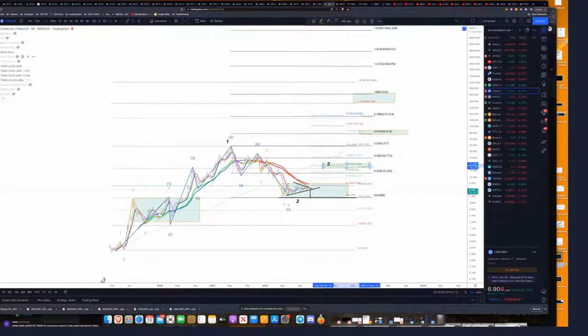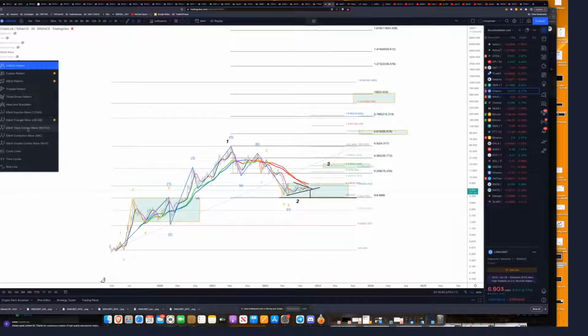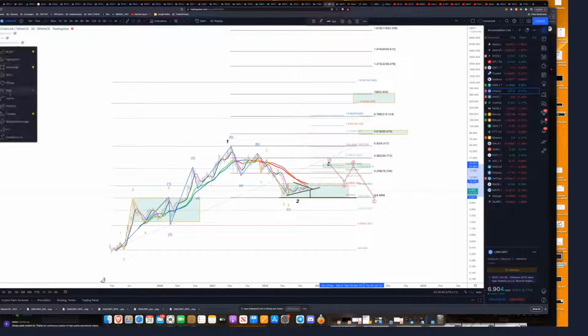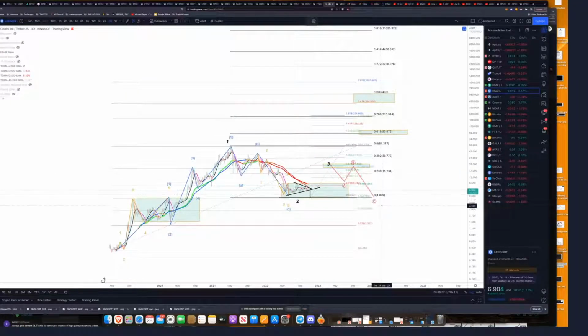So what we're looking for is an ABC correction, which I'm expecting. The sigma, A, B, you might do that as well, and then back up. Our bull market's not going to start anytime soon. It might even come down there, and then we go. So we need to see that finish. If this ABC correction is a correction wave for this bear market, we'll still come down again.